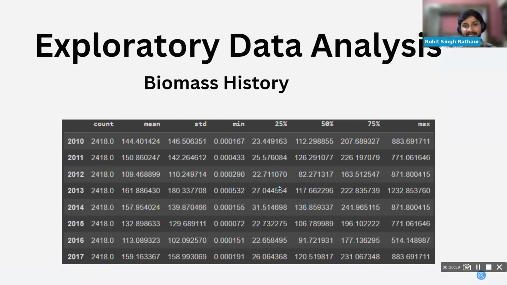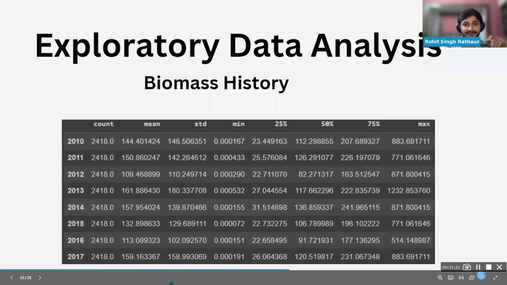Further, I visualized the annual trend of biomass availability and the spatial distribution of biomass for a particular year. I also checked the correlation between biomass and geographical location, which we will see in further slides.